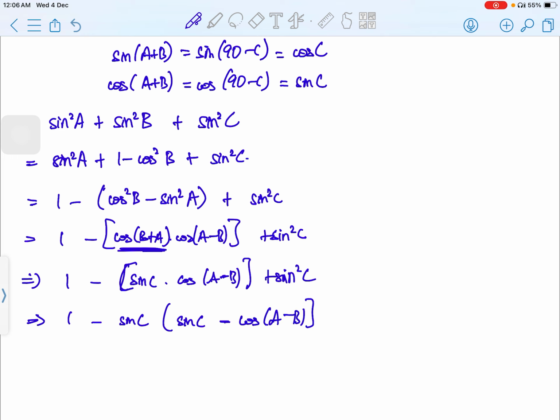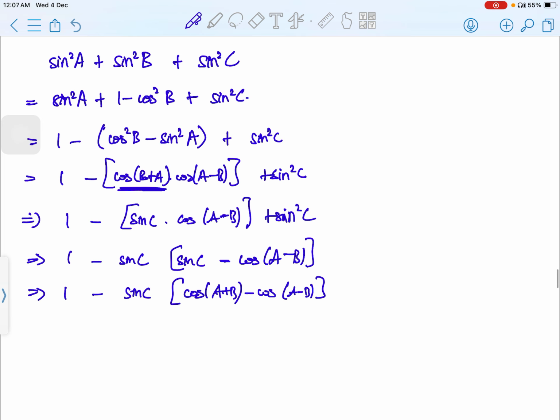So from the given, sin C is nothing but cos of A plus B. So 1 minus sin C times cos of A plus B minus cos of A minus B. Now you apply the transformation formula.